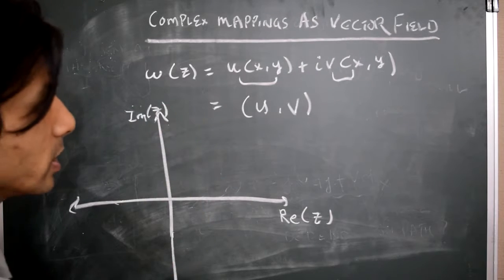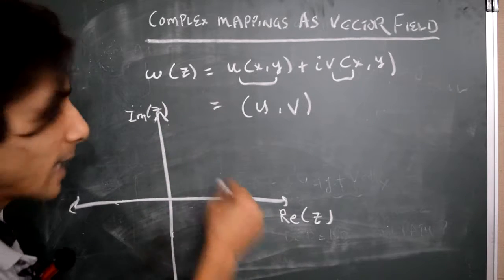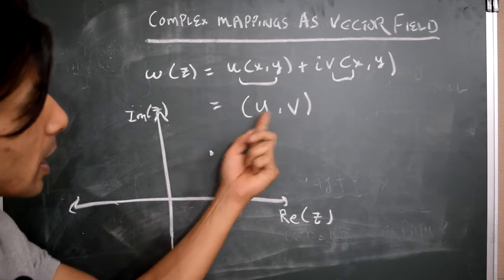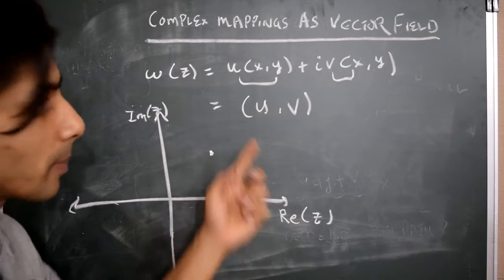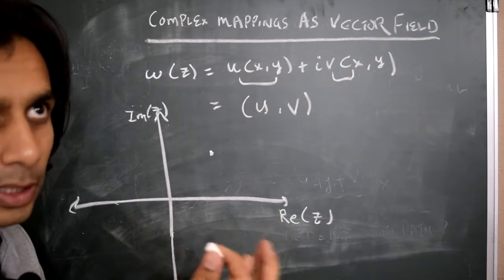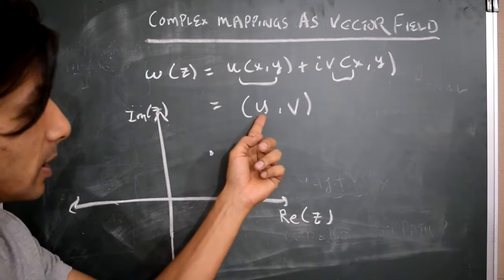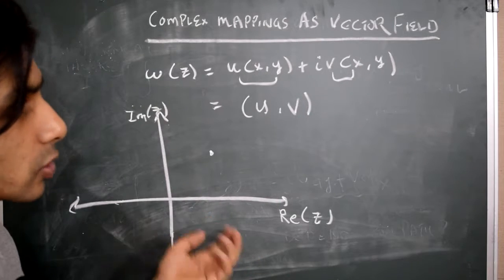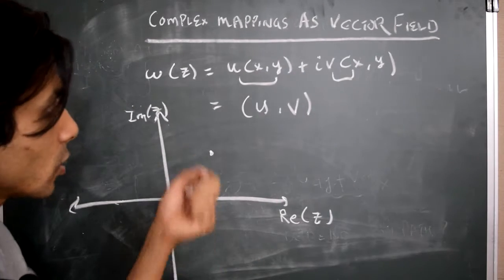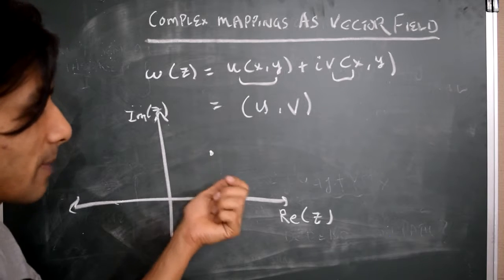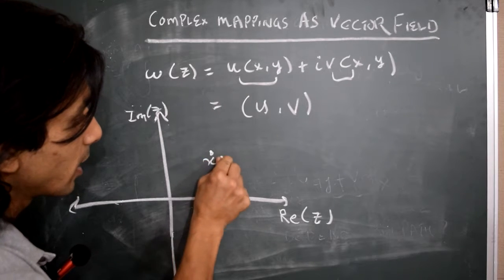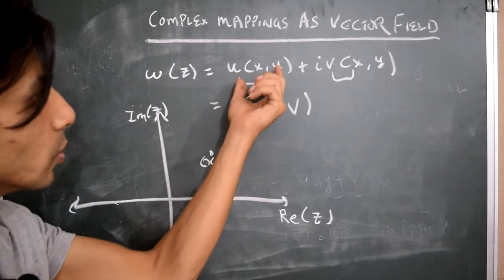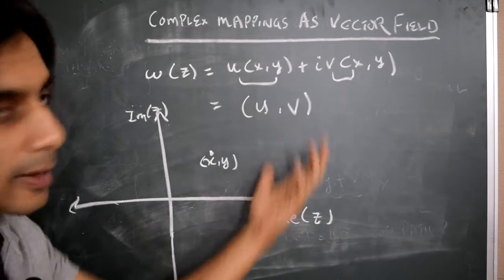Then what we're essentially saying is that on the z plane, at any point (x, y), we can draw a vector which has two components u and v: the x component of that vector is u and the y component is v. That vector is the representation of the value of the complex mapping at the point (x, y). So let's say we are here at (x, y). Then u will have some value here, v will have some value here.